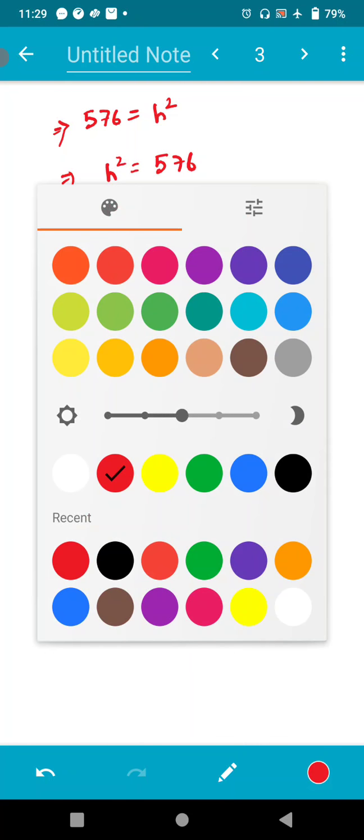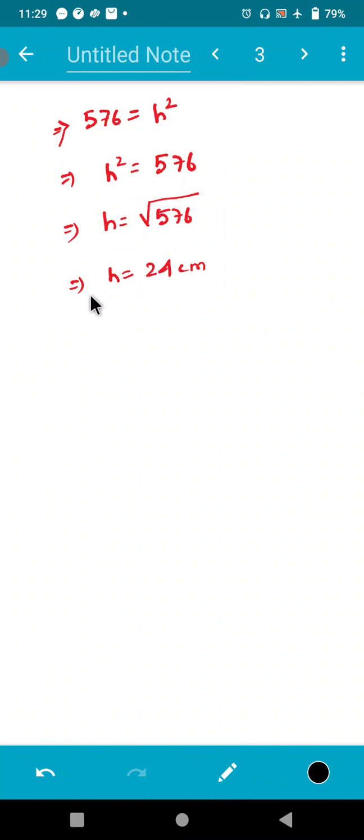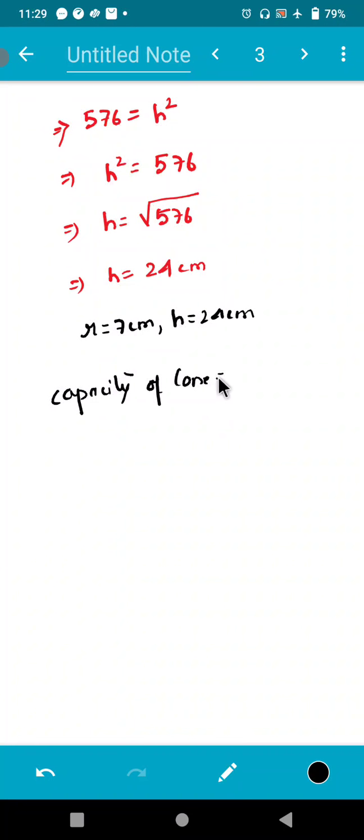So now we are in the position to get the volume of the cone. Since R is given 7 centimeter and H is 24 centimeter, we can easily find out the capacity now. So the capacity of the cone, which is equal to the volume of the cone only, is equal to, same formula we'll use, 1 by 3 pi R square H, that is 1 by 3, pi value is given as 22 by 7, R is 7, so we have to multiply 7 two times because it is R square, and H is 24 given.